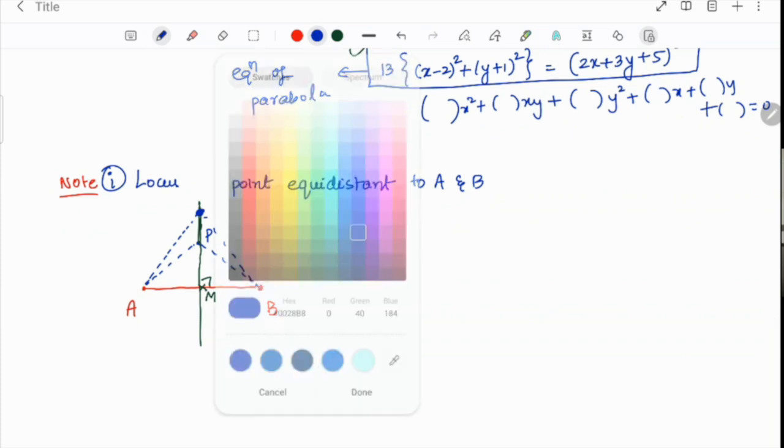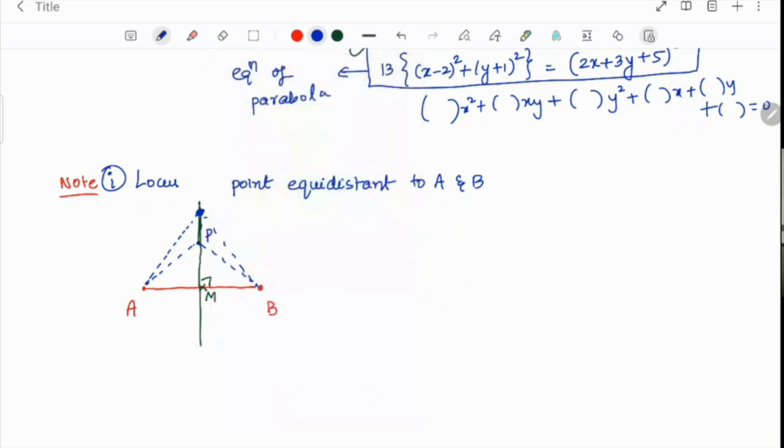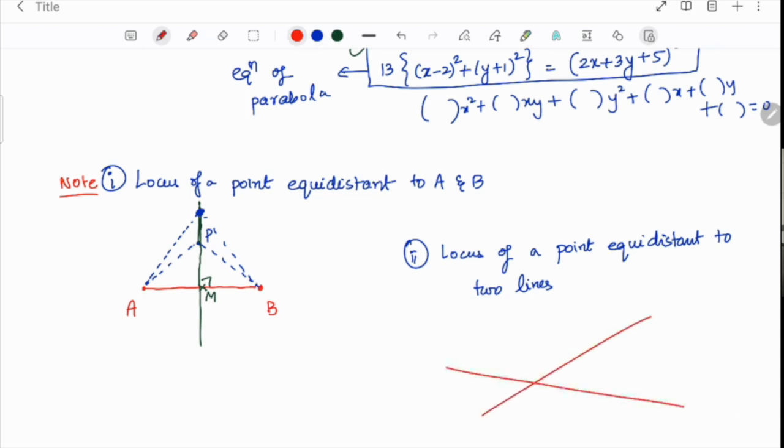Okay. What if I give you this scenario? Locus of a point equidistant to two lines. Two points are given, fine. Equidistant to 2 points, the locus is the perpendicular bisector. Two lines are given, then what will be the locus of a point equidistant to them?